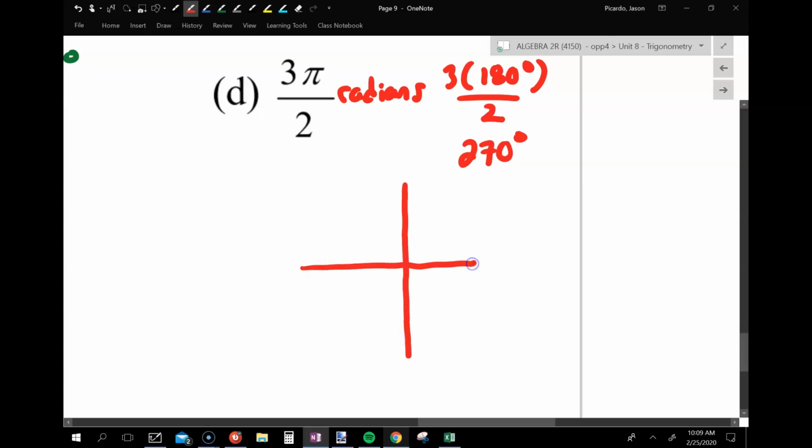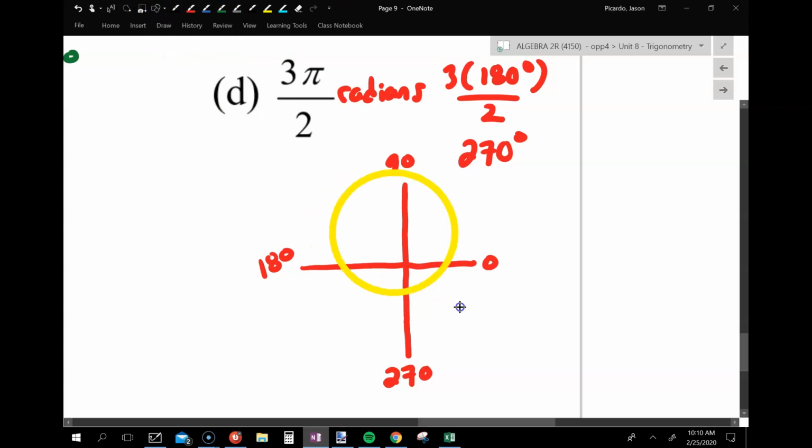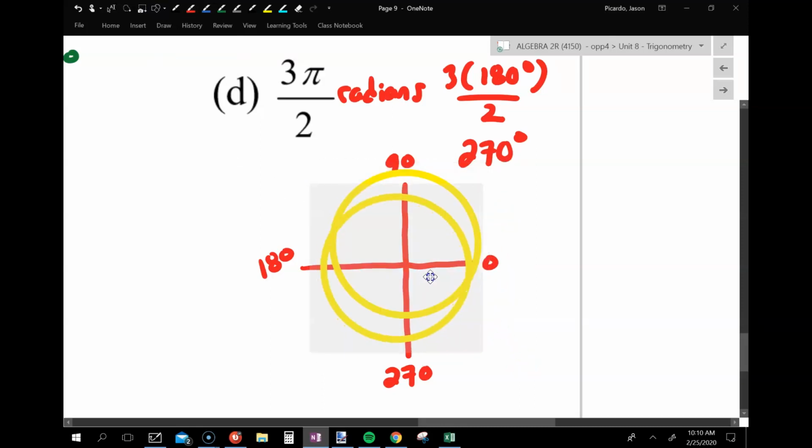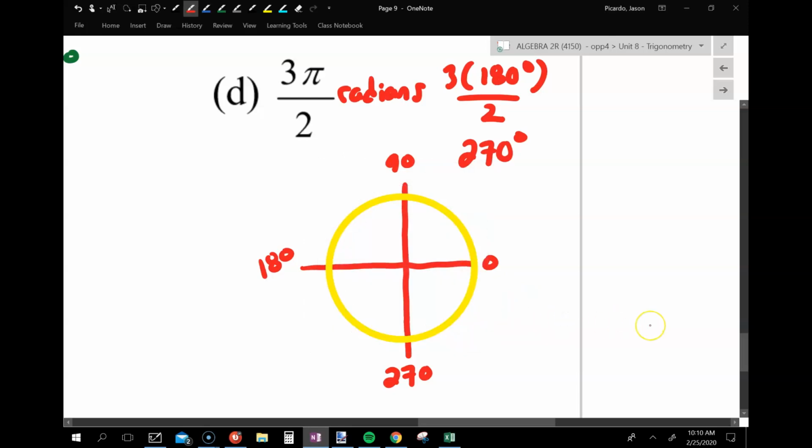Now, 270, 0, 90, 180, 270. This is weird. This is weird because I told you guys that when we do these problems, your reference angles will always be easy to figure out because you got to get there as quickly as you can, right? 270 puts me here.